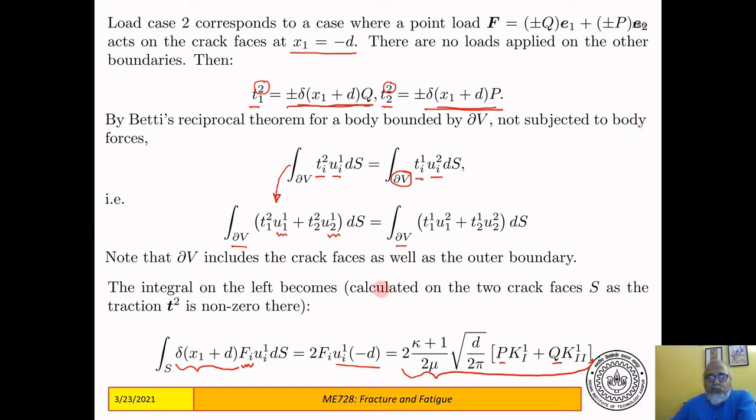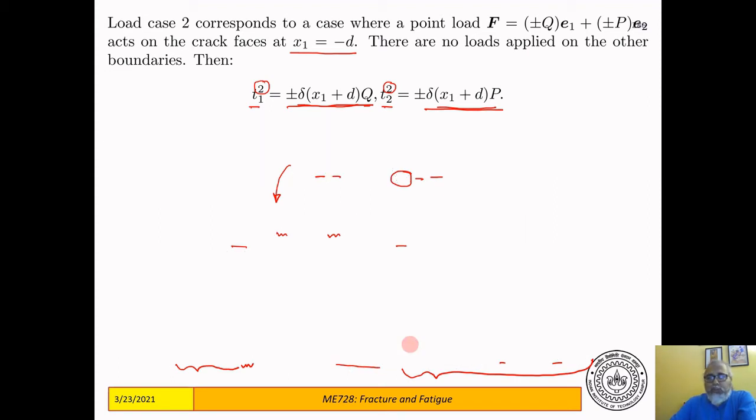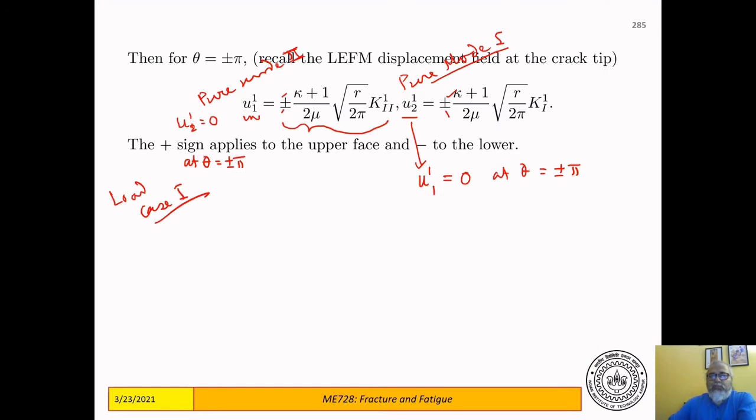So you are left with u1 at minus D, and u1 at minus D is known from this expression. U11 is this, U21 is this.